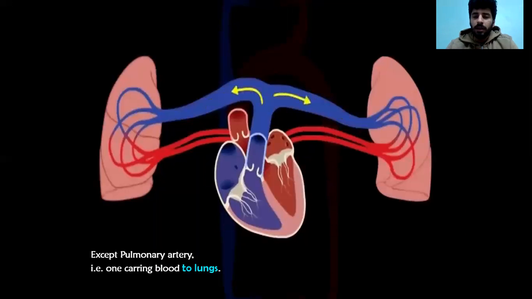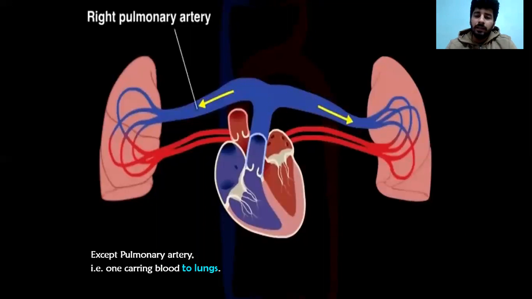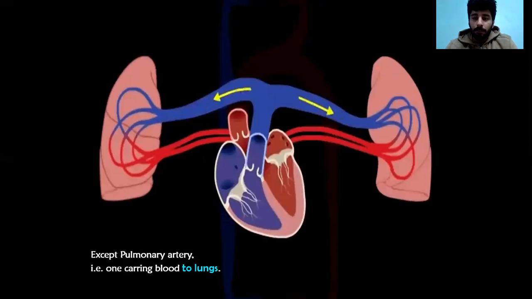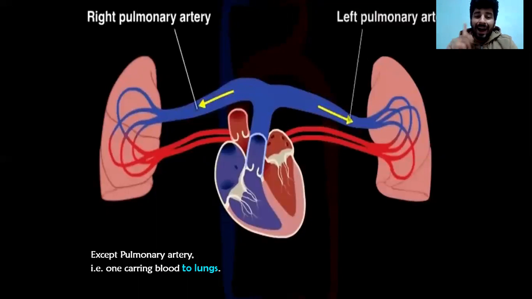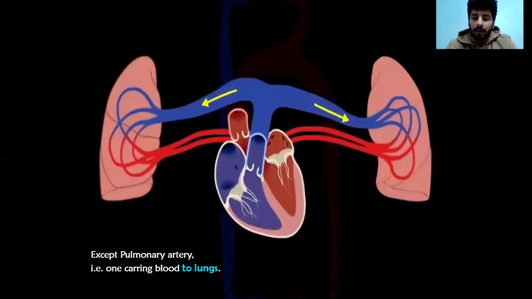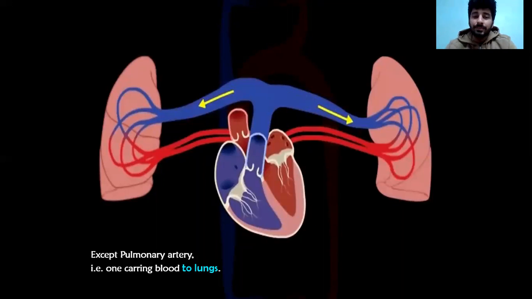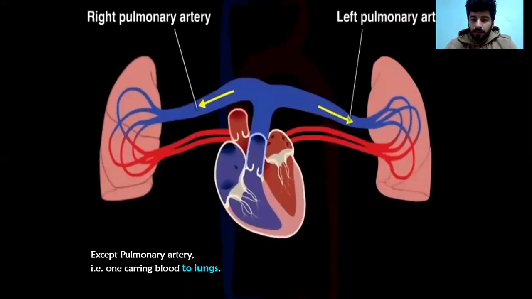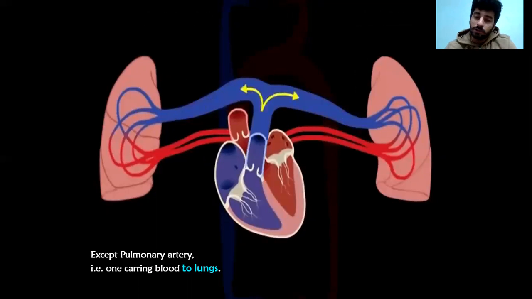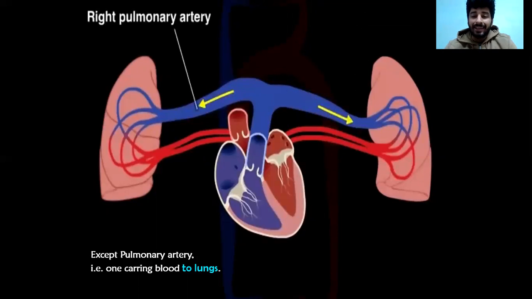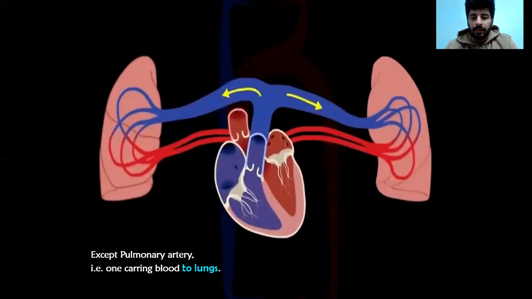Now you might get confused here: Sir, you said that arteries take only oxygenated blood. But remember one thing, arteries go away from the heart. Here the blood is going away from the heart, that is why it is the pulmonary artery. So remember this one exception: all arteries carry oxygenated blood except the pulmonary artery.